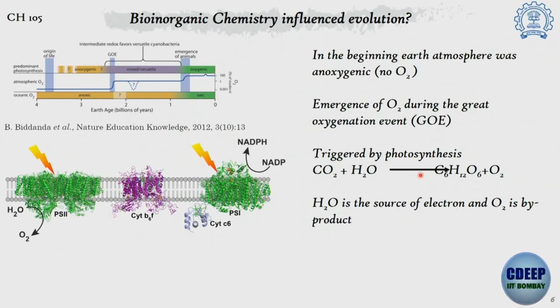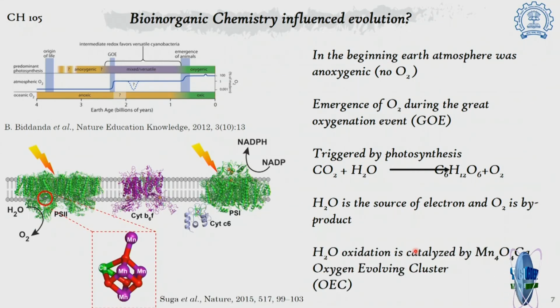The first goal of photosynthesis was to use water, not to produce oxygen, but it came out as a side product. And that is how oxygen comes into the atmosphere. This oxygenation happens with the help of the manganese oxygen calcium cluster present in the photosystem, shown here, this cubane-like structure with 4 manganese, 4 oxygen and 1 calcium atom.